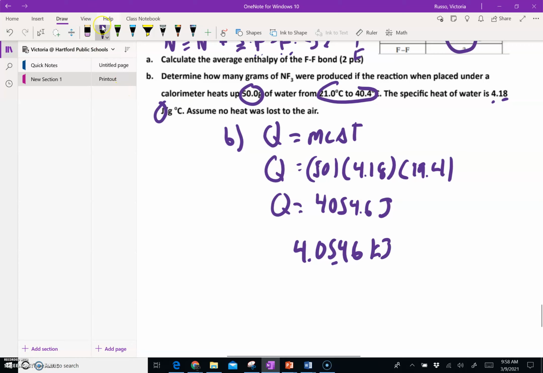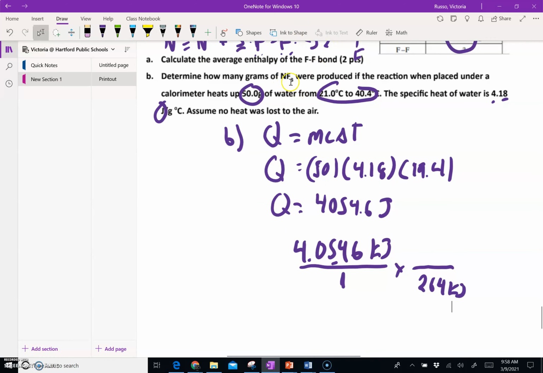So we know that's how much heat was produced, and we have to figure out how many grams of NF3 were needed to do that. We're going to start with this, and we know from the equation that when you do this reaction, you release 264 kilojoules of energy.